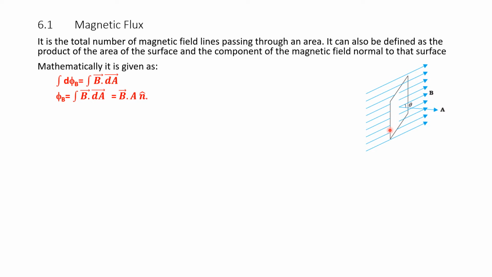Mathematically it is given as integral d phi B is equal to integral B dot dA, where d phi B is the flux passing through a small elemental area dA.